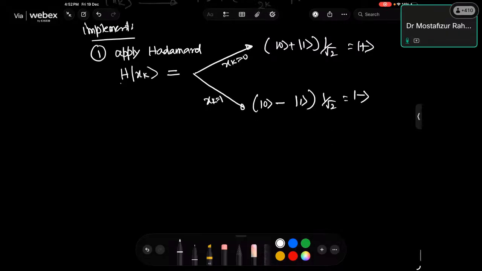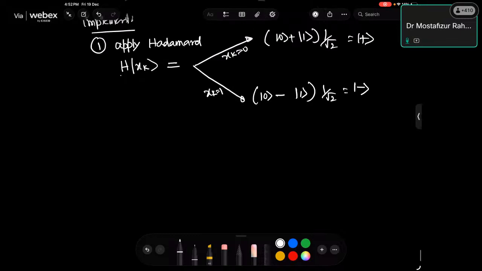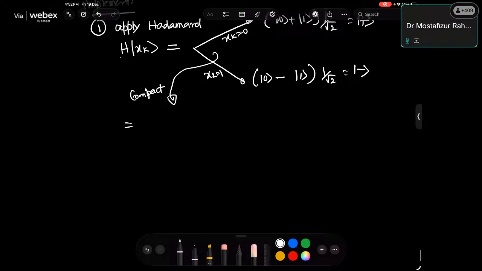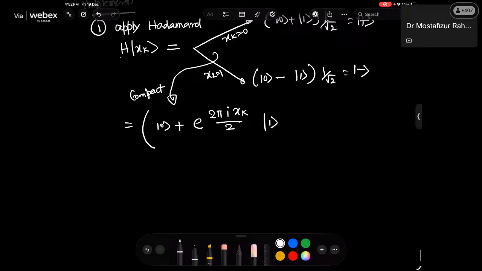These are the two possibilities, and I can write these two possibilities in a compact way, and that is 0 plus e to the power 2 pi i xk by 2 to 1, by square root 2.